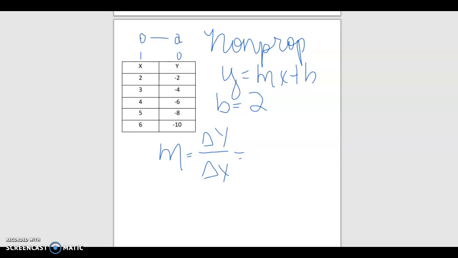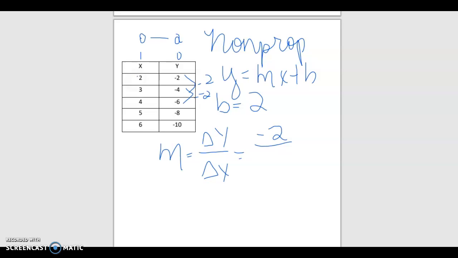So let's look at my change in y. -2 to -4, I'm going deeper into my negatives, is going to be a -2. -2 to -6 is -2, subtracting 2. So my change in y is a -2.